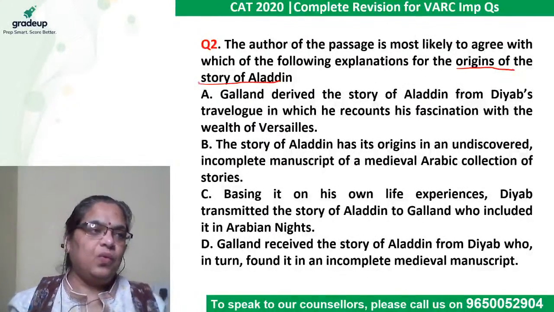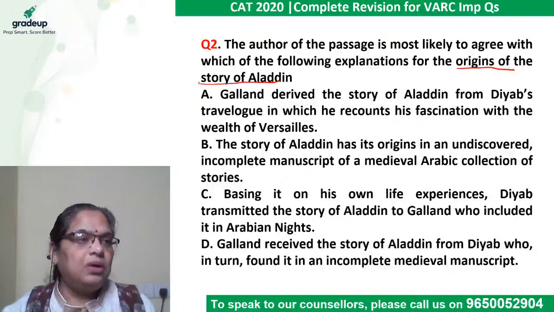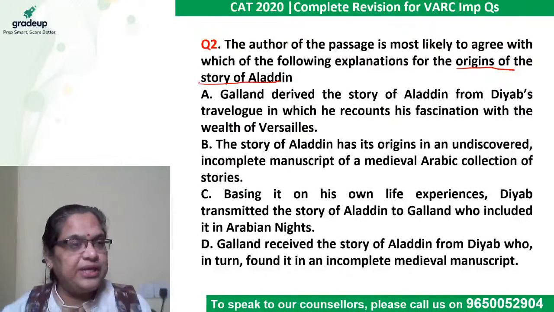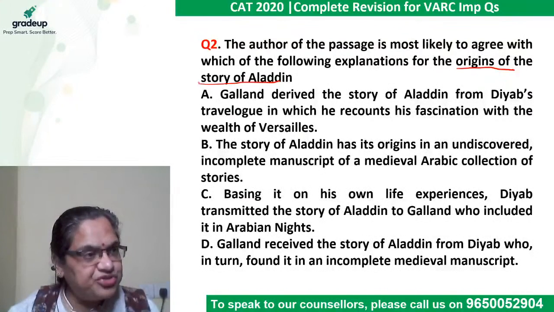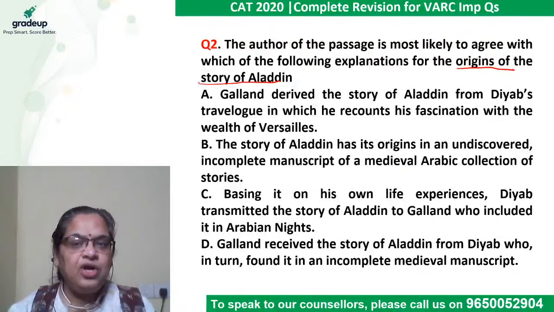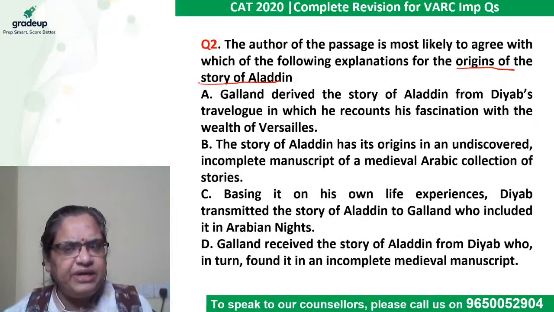Okay. What do you think the author is saying is the origin of the story of Aladdin? How do you think this story came up? Is it that Galland derived it from Diab's travelogue? Did the author say that? Is it that the story of Aladdin has its origins in the incomplete manuscript of a medieval Arabic collection of stories?